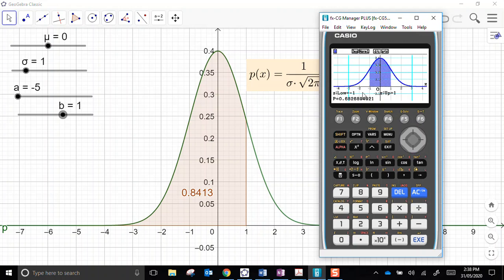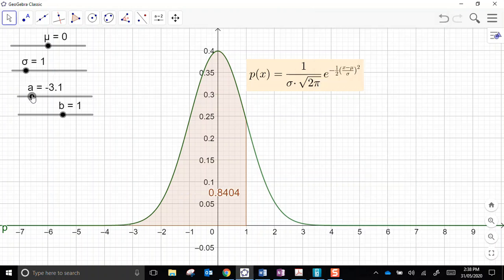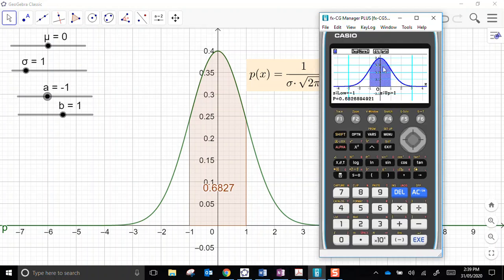When I draw this, notice that it says the Z-scores here rather than the raw values I gave it. Lower Z is -1, upper Z is +1, and there's the familiar 68%. So if I just tidy this graph up a little bit, there's the familiar 68% on the calculator and on GeoGebra.